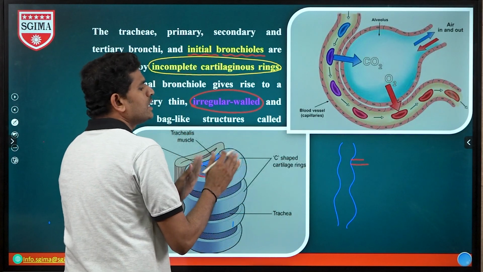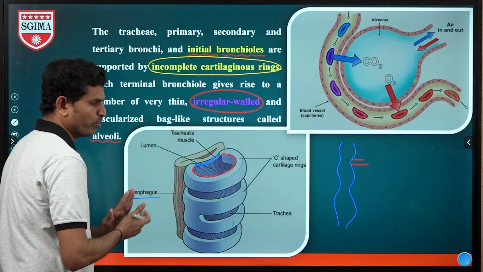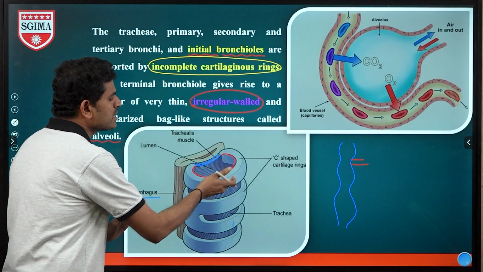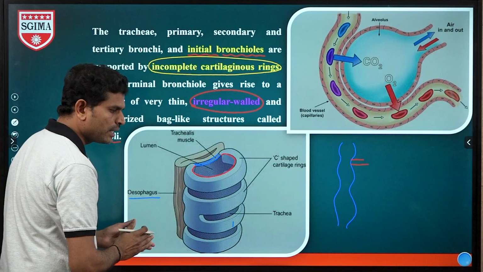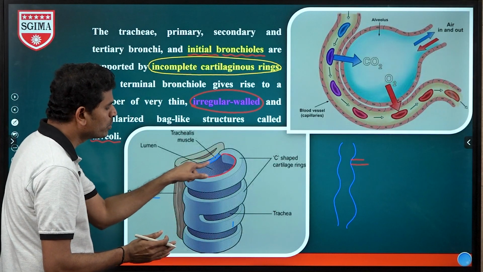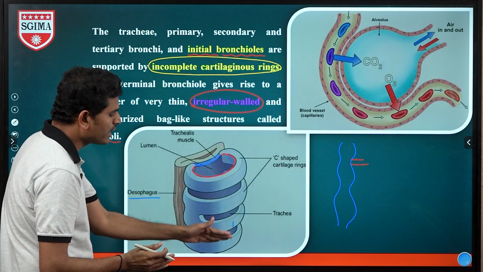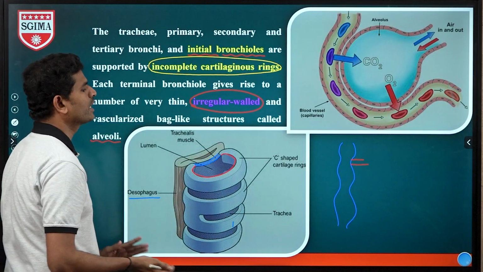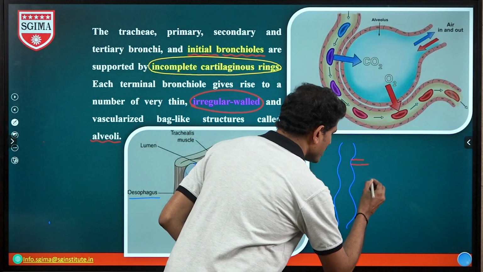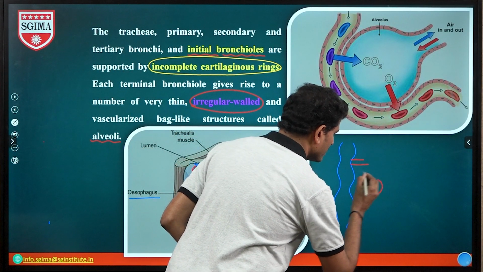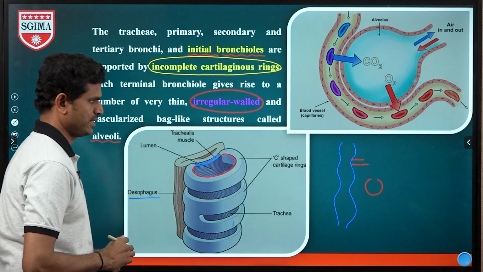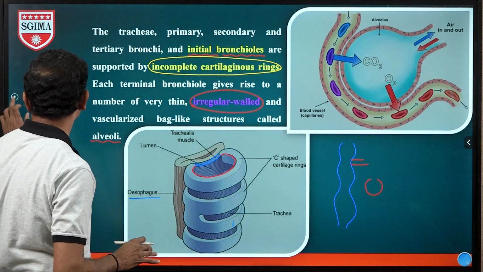That's why, to facilitate easy peristaltic movements, these cartilaginous rings are incomplete on the back side, the dorsal side only, and complete on the ventral side. So we can write exactly: C-shaped cartilaginous rings. These are hyaline cartilage. Okay, next slide.